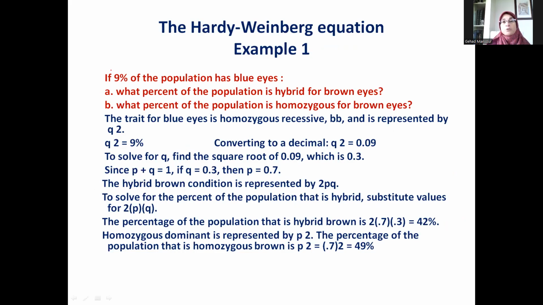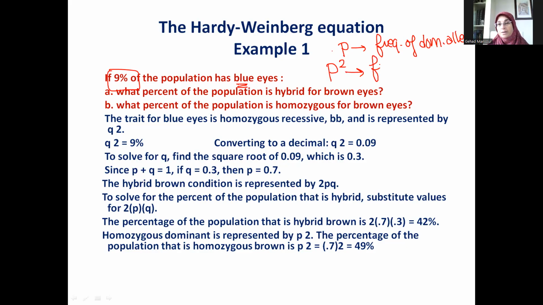Now, in a population, we have 9% of the individuals that are blue-eyed. And here there is a very important thing to know in order to avoid mistakes. If I say that P is the frequency of the dominant allele, then the frequency or the probability of the homozygous dominant individual will be P multiplied by P, or P squared.